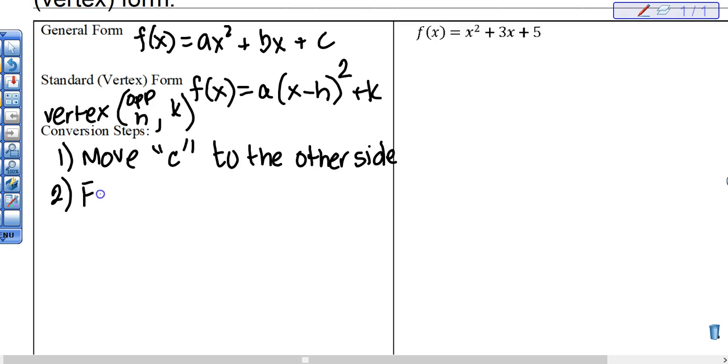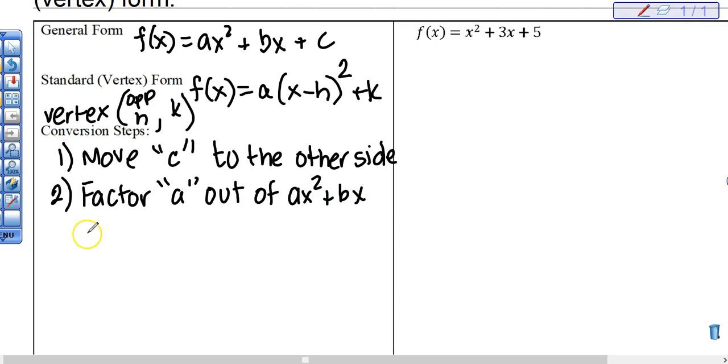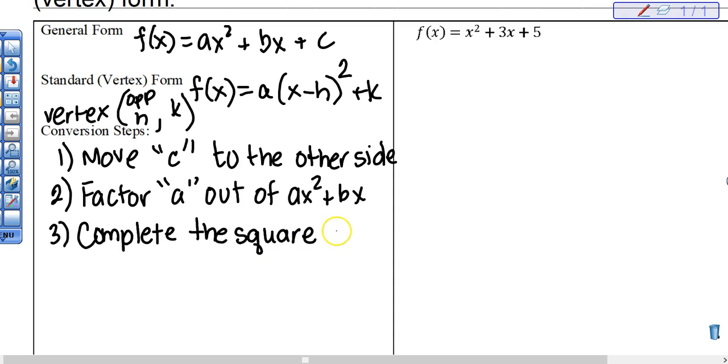Step 2: then we're going to factor A, just A, out of ax squared plus bx. Step 3: then we are going to complete the square. Now, there's more to it than this. We're going to complete the square.